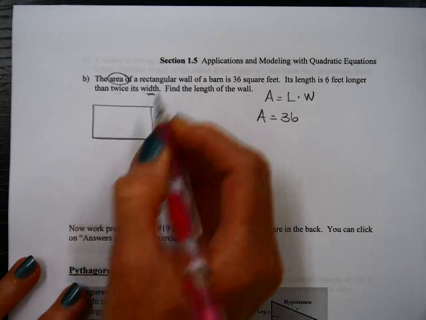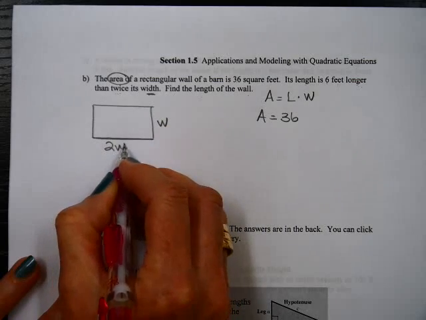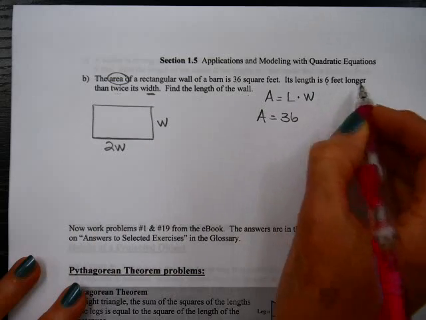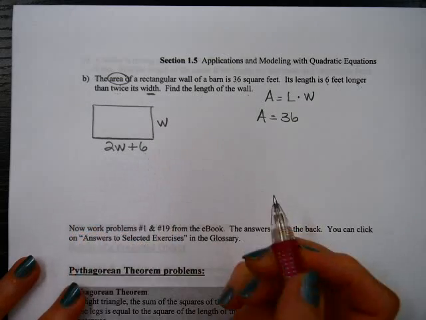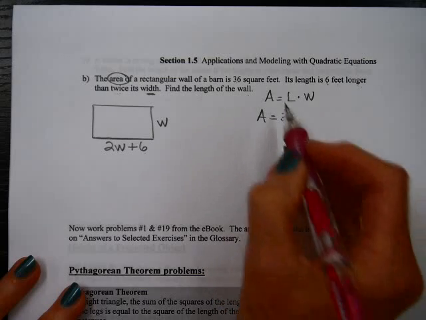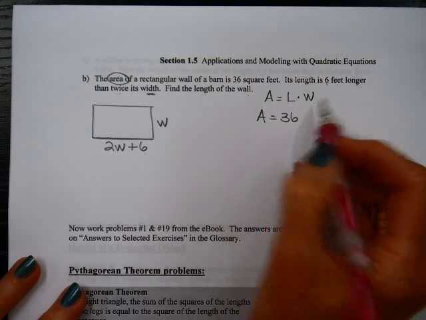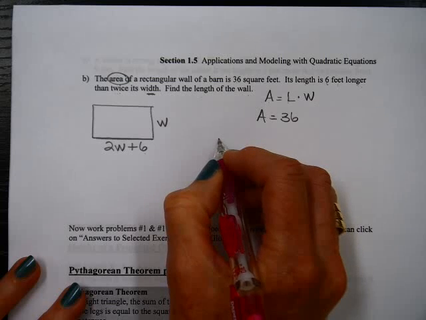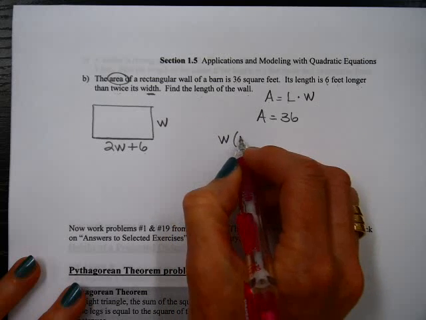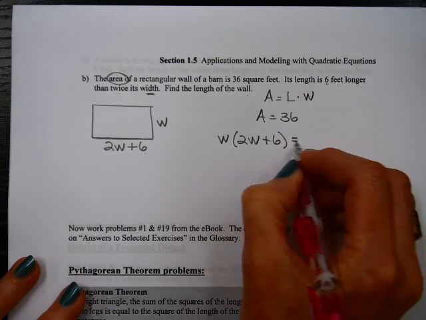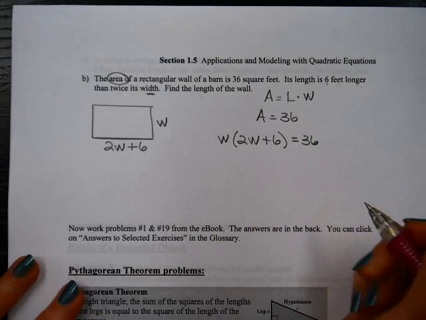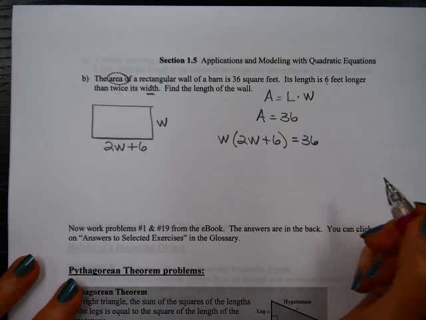Twice the width is 2W, and 6 feet more than that gives us 2W plus 6. Now we know area is length times width, so we have our length and our width multiplied together to get 36.